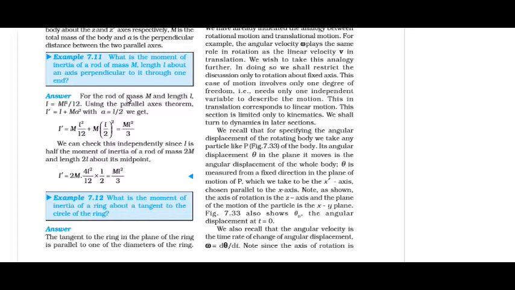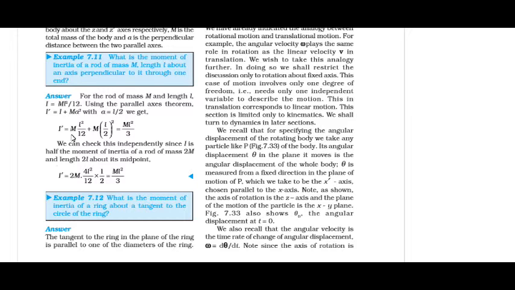For a rod of mass m and length l, I is equal to ml square upon 12. Using the parallel axis theorem, I dash is equal to I plus ma square, with a equal to l by 2.